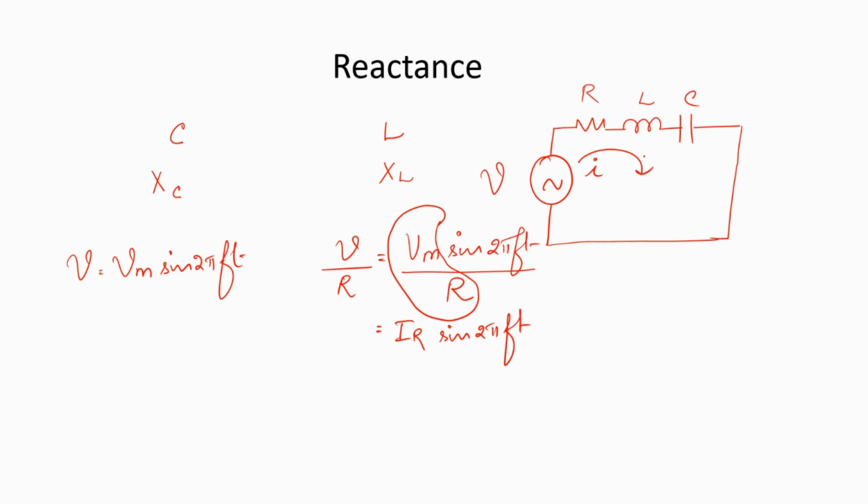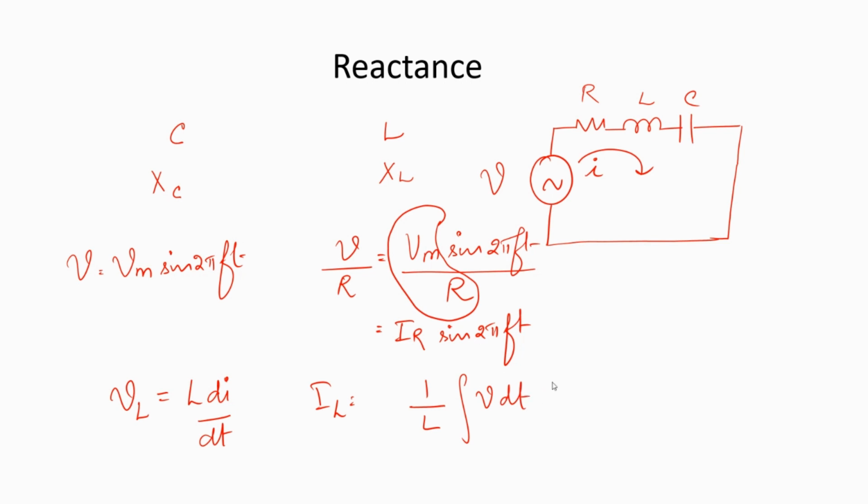Now, let us look at the current when it flows into the inductor. So, we know that we can obtain the value of the voltage across the inductor. So, that could be given as VL is equal to L di by dt. Suppose we want to obtain the current through the inductor, then we can reframe this equation and say IL is going to be equal to 1 by L integral V dt.